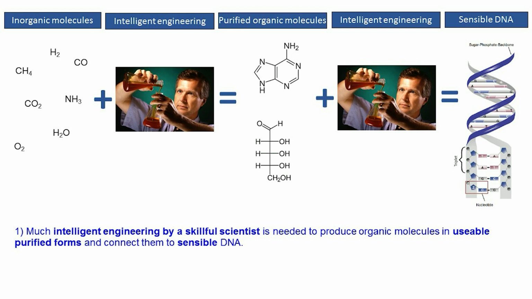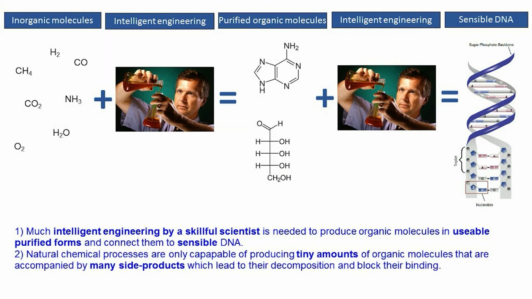This is in contrast to all known natural processes. Even in a primordial soup scenario, they are only capable of producing tiny amounts of organic molecules, like nucleobases or amino acids, that are accompanied by many side products.